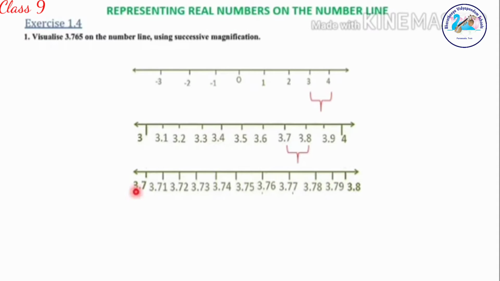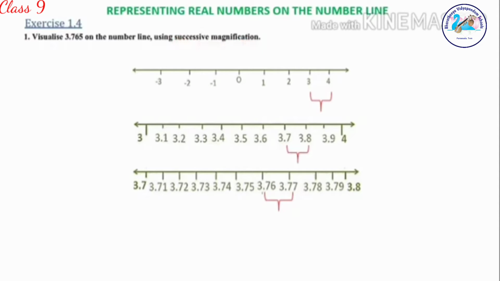Since we have started with 3.7, the next numbers are 3.71, 3.72, 3.73, 3.74, 3.75, 3.76, 3.77, 3.78, 3.79 and finally 3.8. Again we have to check our number. It is 3.765. So 3.765 lies between 3.76 and 3.77. So we have to locate these two numbers, 3.76 and 3.77.